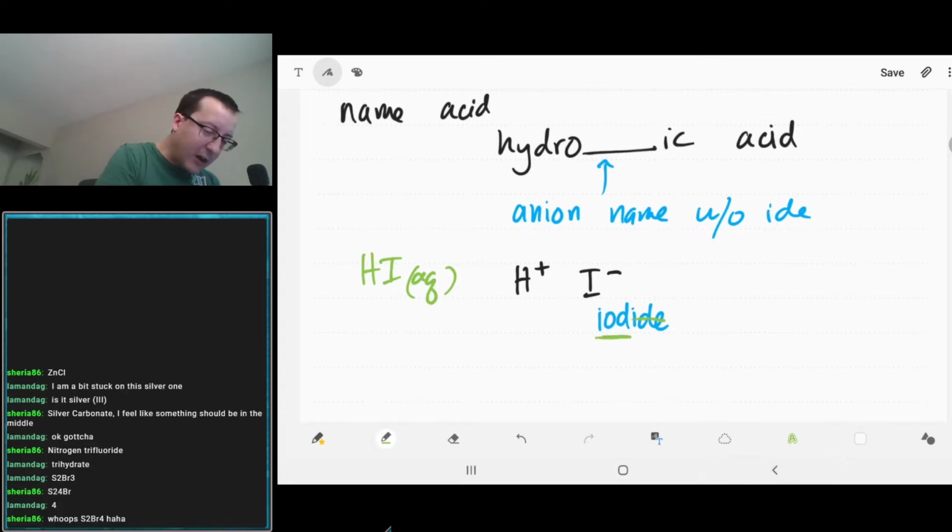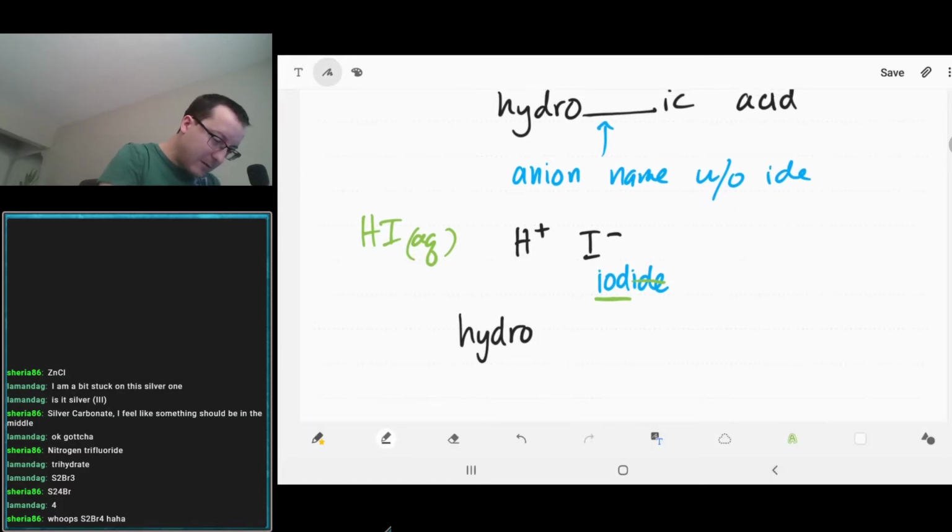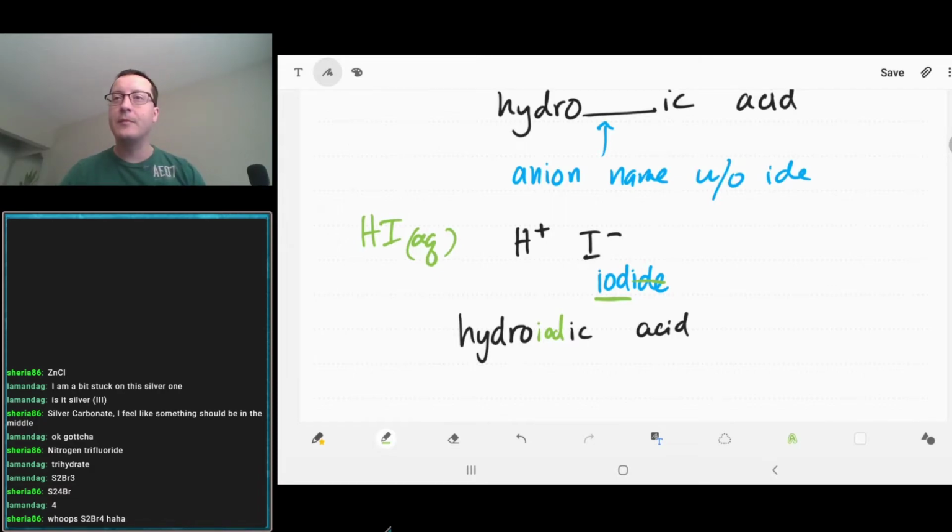So we have this iod part. And that's going to go into hydro, and we're going to put that into our template. So this one becomes hydroiodic acid. Alrighty?